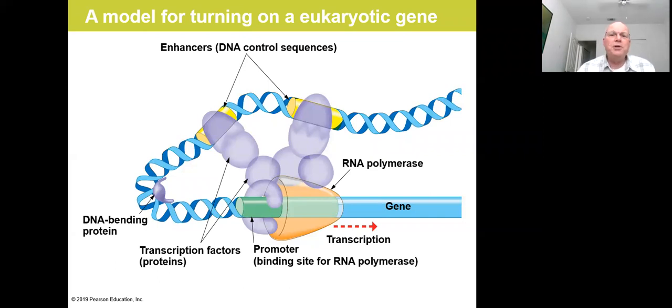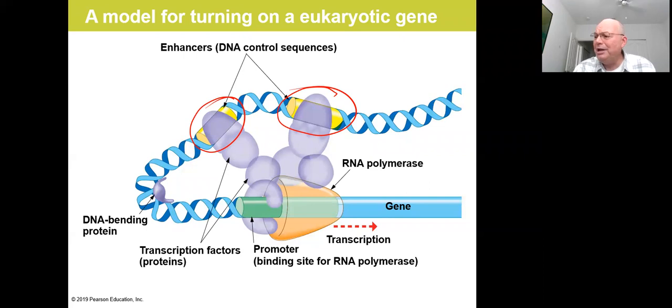So what we now know is the situation is that elsewhere in the DNA, outside of the gene coding region, and in some cases quite a long distance away from the gene, there are short DNA sequences known as enhancers, and you can see them here. There's a pair of enhancers here, and transcription factors known as activators bind to those enhancer regions.